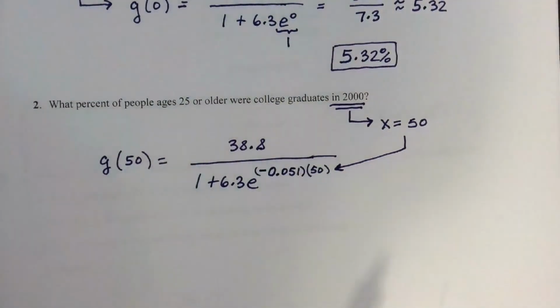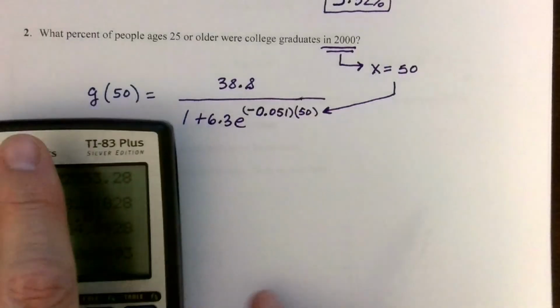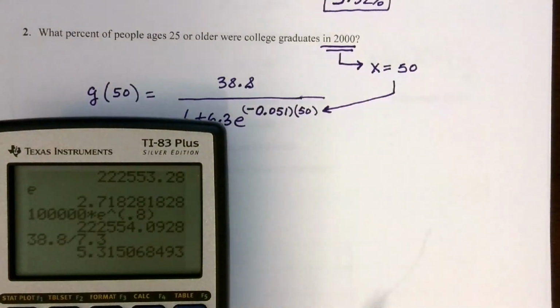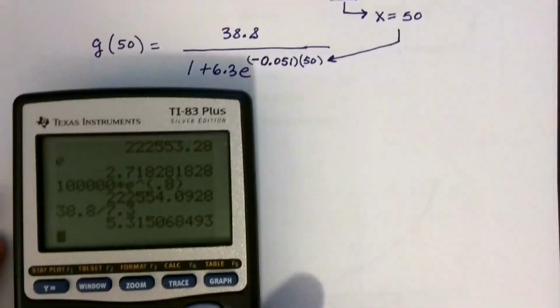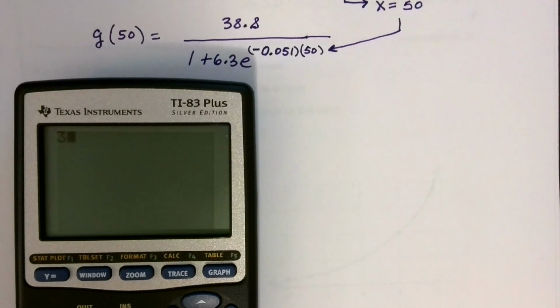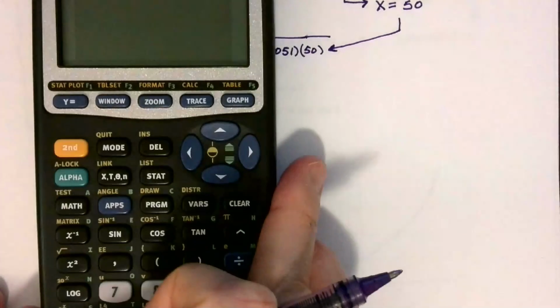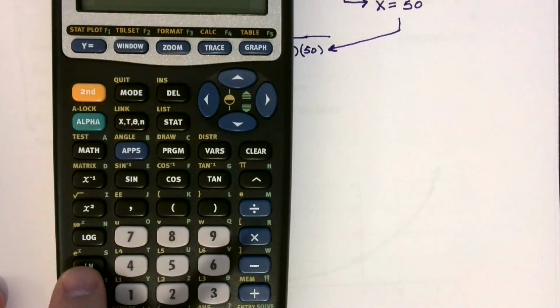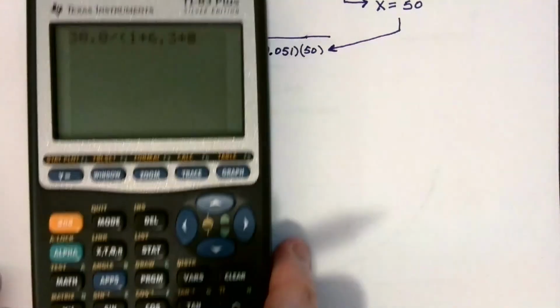I'm going to do this all at one time in the calculator. So I'll show you how to do that here. So I've got 38.8 up top, and then I'm going to put everything in the parentheses down below, right? I need to make sure I do that. 1 plus 6.3 times, and then I'm going to use this key right here, the e to the x key.